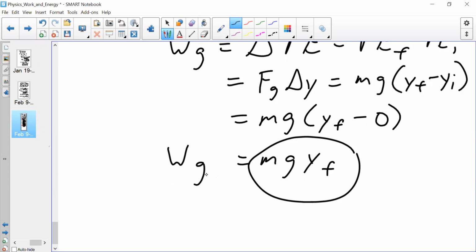So instead of calling this equation work done by gravity equals mg y final, we call this equation here just the potential energy. Because at that moment, I have the potential to do something. I'm not doing anything yet, but I have the potential to. And once I let the ball go, now I'm changing my position from that point to the ground.